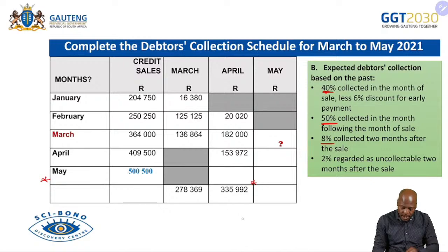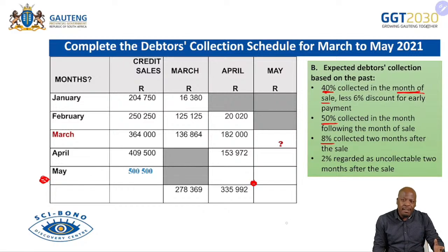If they are telling me that I collect in the month of sale, that is the same month. If I sell in May, I'll collect in May. That's what they're telling me here. May. Are you following me? Therefore, that means I'm going to collect the 40% in May.